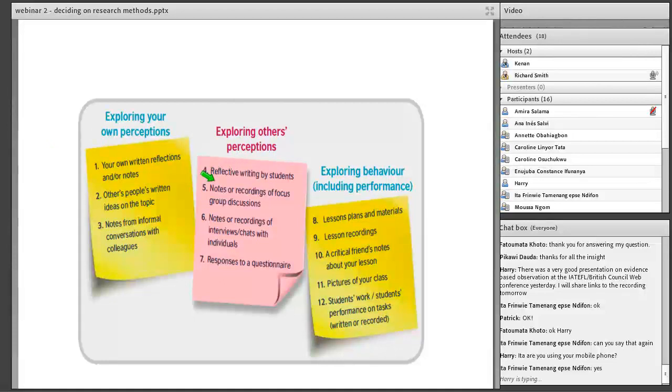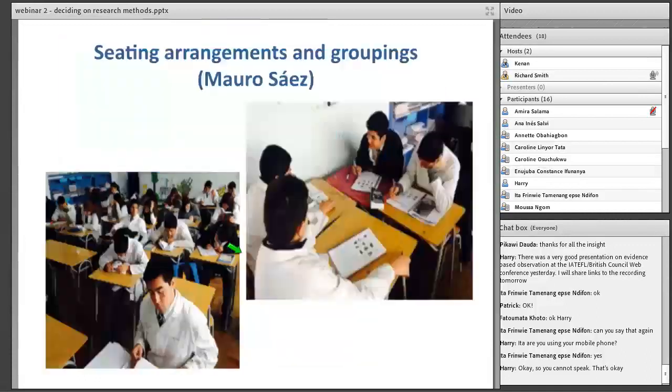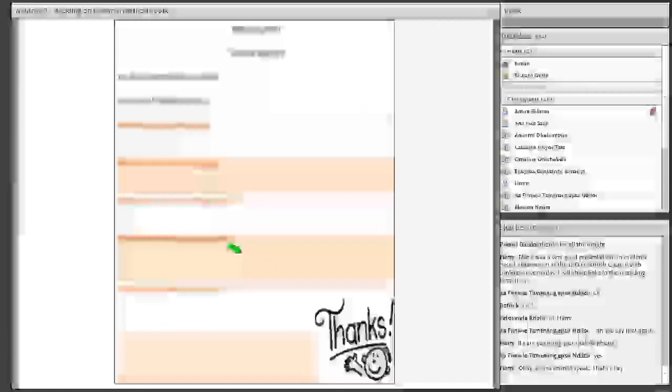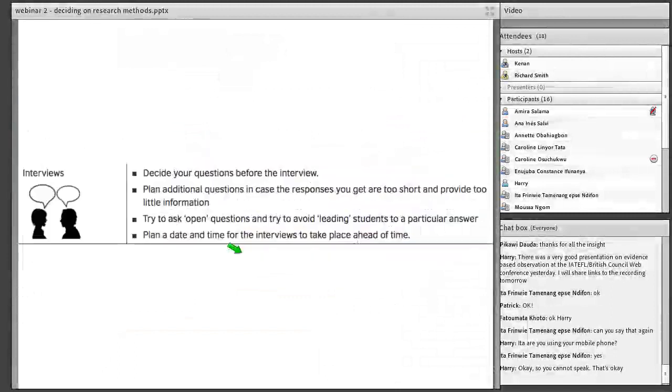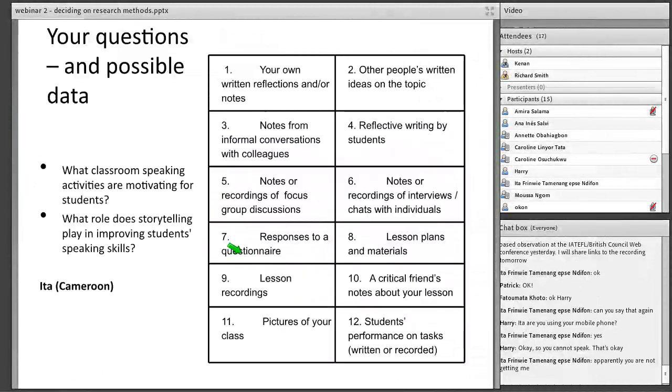It's about what somebody else thinks, in this case, what students think. So I would say any of number 4, 5, 6, or 7 would be good for this question. Reflective writing by the student at the end of a class, or a focus group discussion, or an individual interview, or a questionnaire. So these are all very appropriate for that first question.